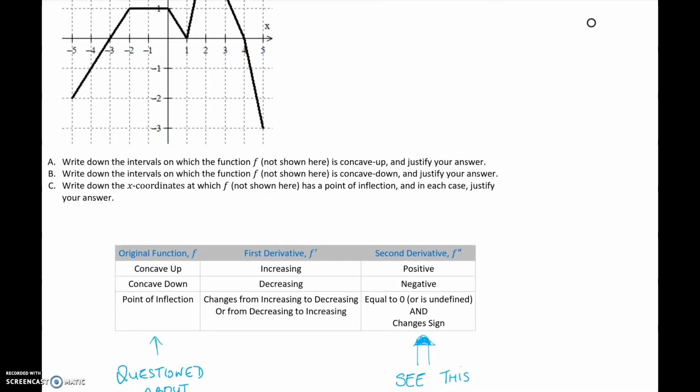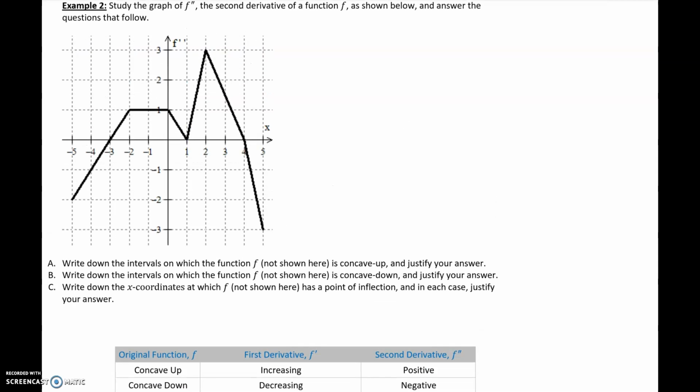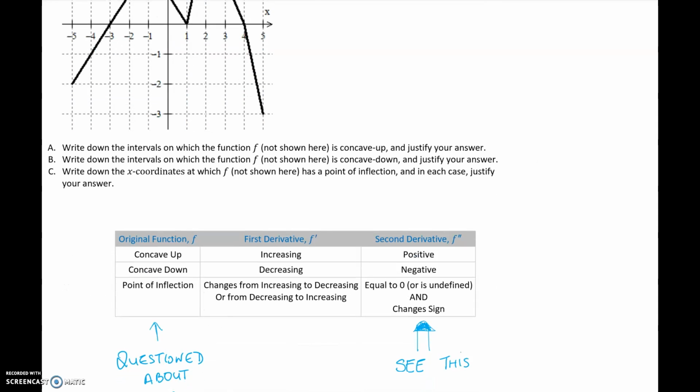So part A: write down the intervals in which the function f, which is not shown here, that's the original function f, is concave up. The second derivative is the one we're showing, f double prime. If we want to know where f is concave up, then we look to see where f double prime is positive, and that means above the x-axis.